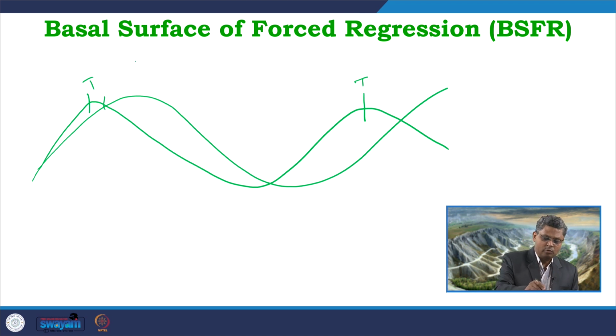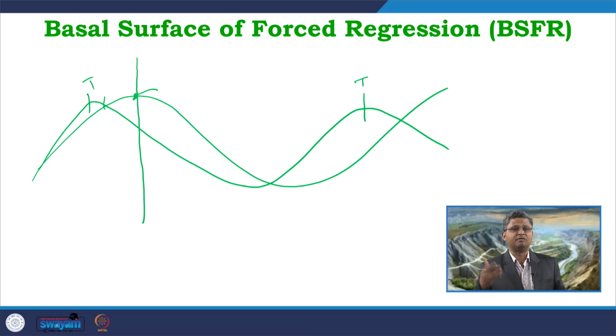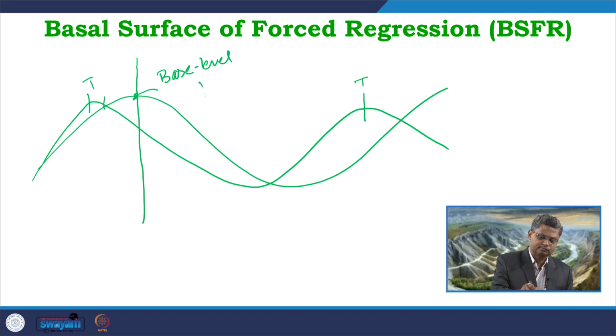If I look at the base level curve, this is the point from where the base level started falling, it is the turnover point. So, this point is the onset of base level fall. The surface corresponding to this particular turnaround of base level indicates this fall.